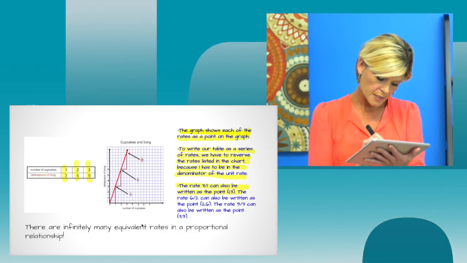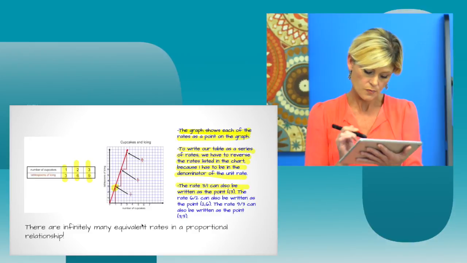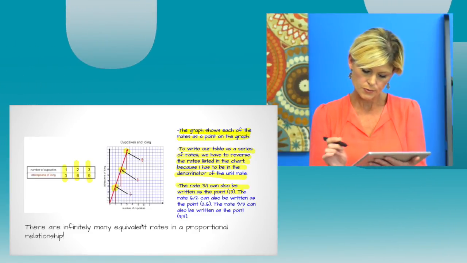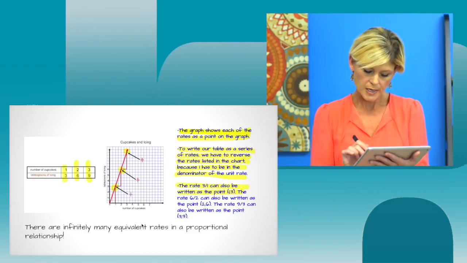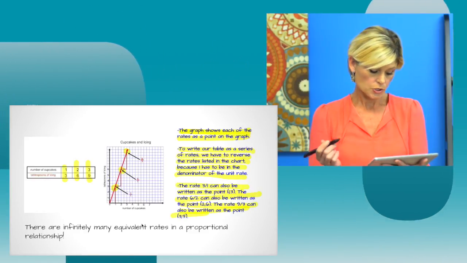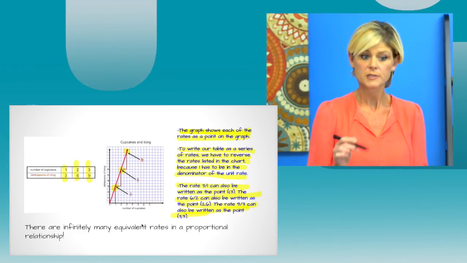So you can see there's 1 and 3, you go over 1 up 3, but I have it written as 3 over 1. Same with 6 over 2 and 9 over 3. And basically the blue writing just indicates the rest of that. So this is basically just showing you that there are infinitely many equivalent rates in a proportional relationship.